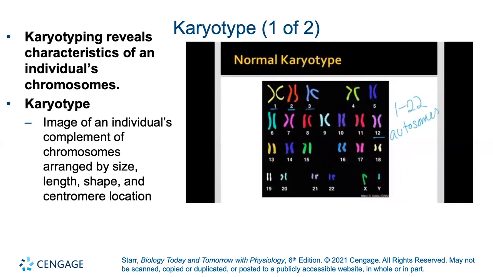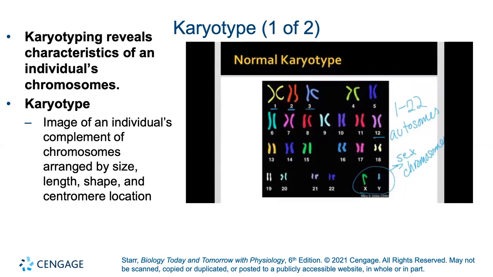Autosomes are basically all the chromosomes that aren't sex chromosomes, and then X and Y, or X and X, will be the sex chromosomes. That is our 23rd pair, for a total of 23 pairs, 46 chromosomes.